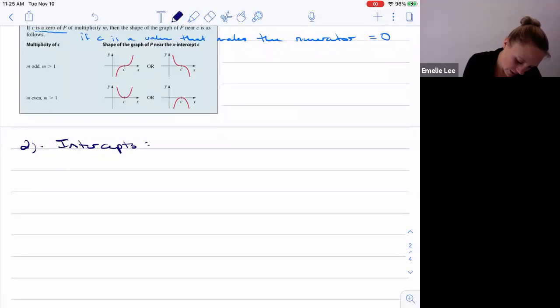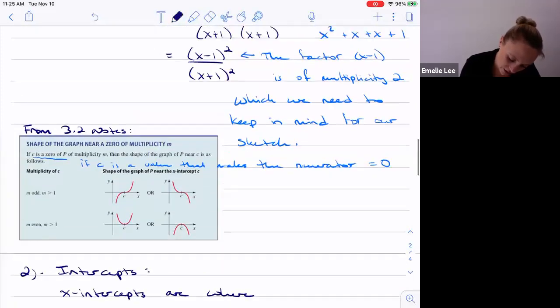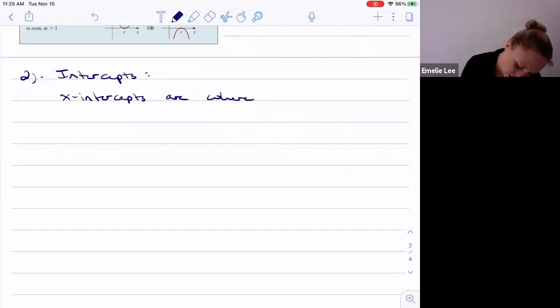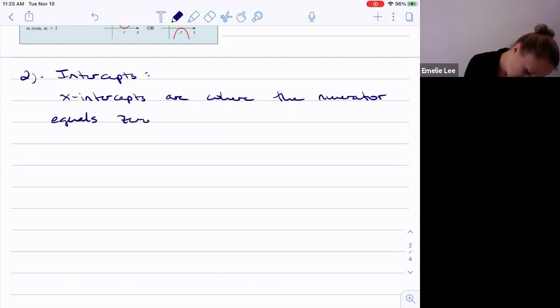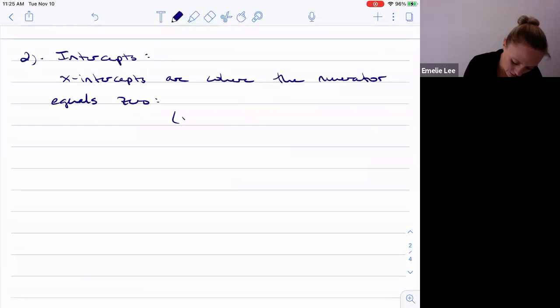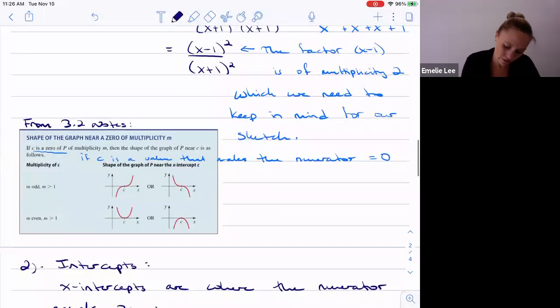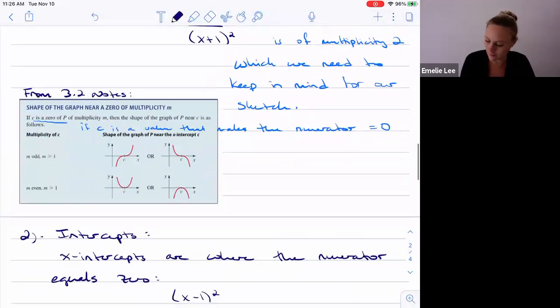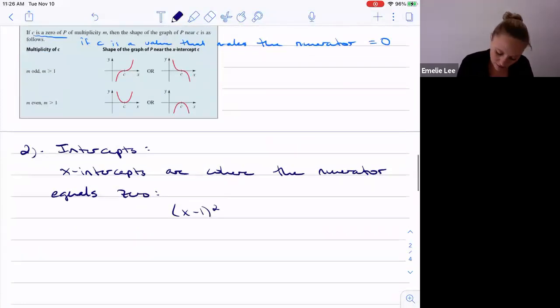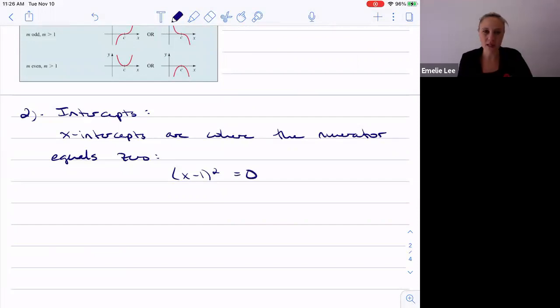For the intercepts, we'll start with the x-intercepts. They are where the numerator, which is x minus 1 squared, equals 0. I'm going to force this to equal 0 because that's the only way y is going to be 0.